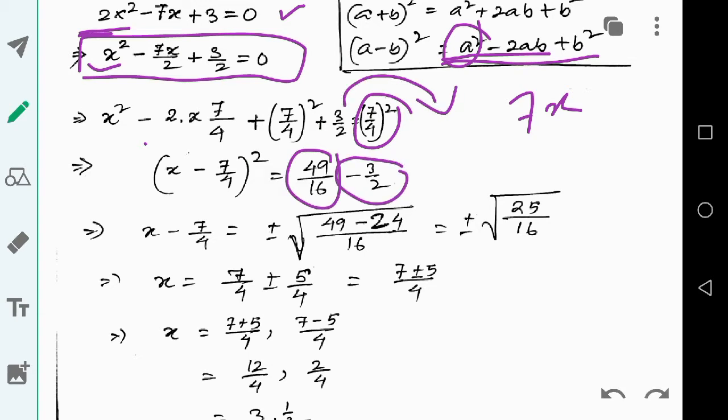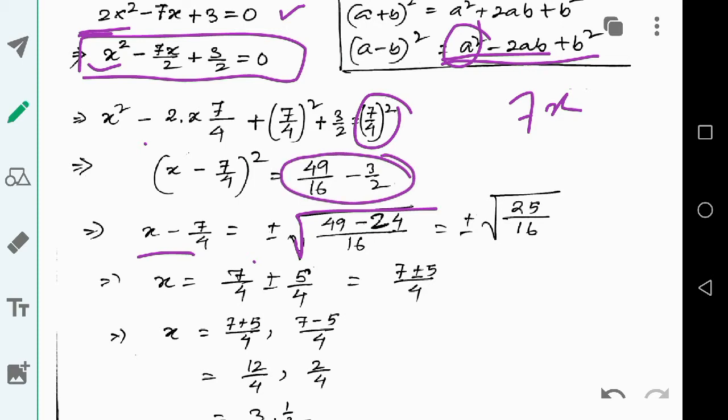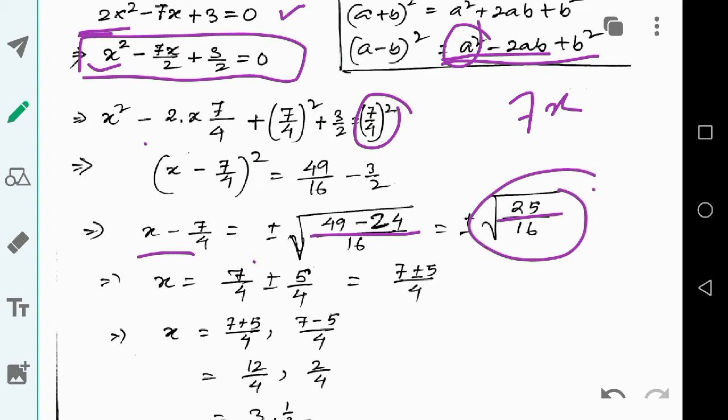Taking the square root on both sides, we have x minus 7 by 4 is equal to plus minus root over, I have taken the LCM of 16 and 2, which is 16, so that's how we have got under root 49 minus 24 by 16, which is equal to 25 by 16, root over 25 by 16.